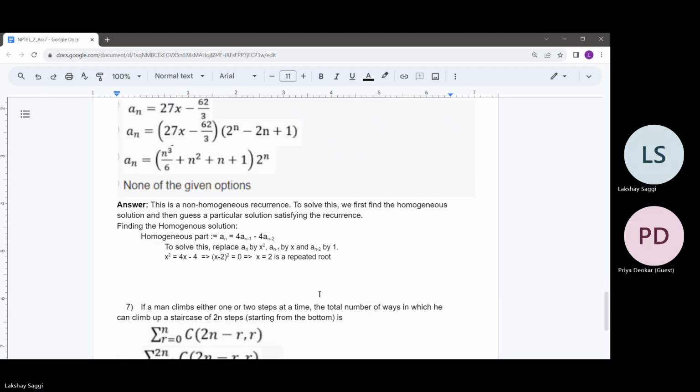This step was covered in last week's lectures.